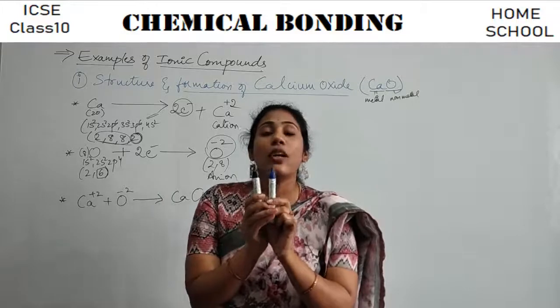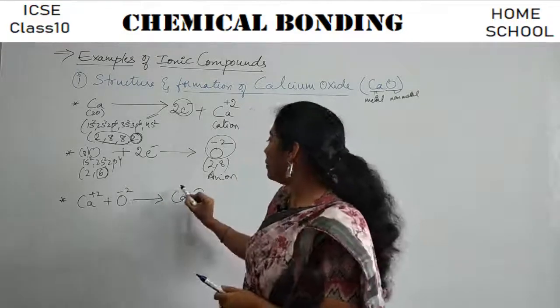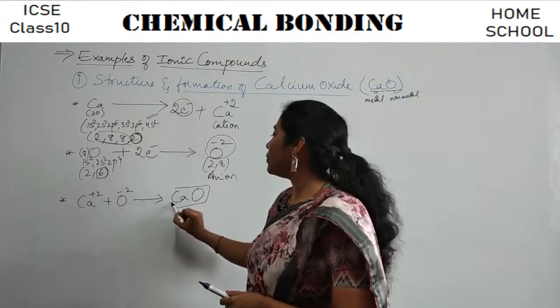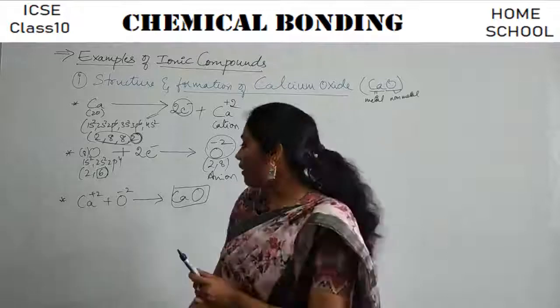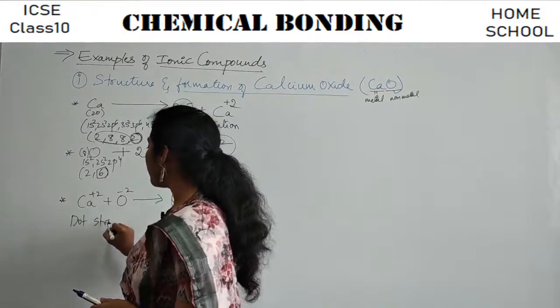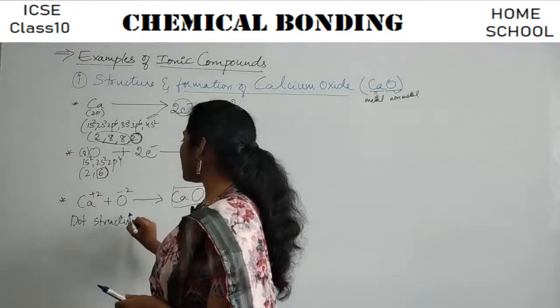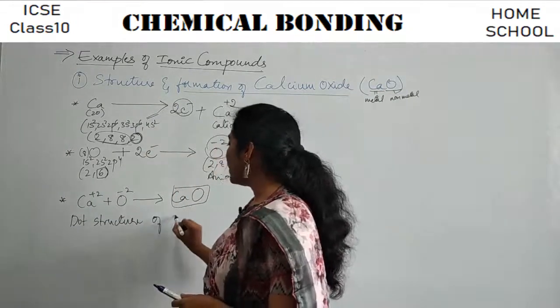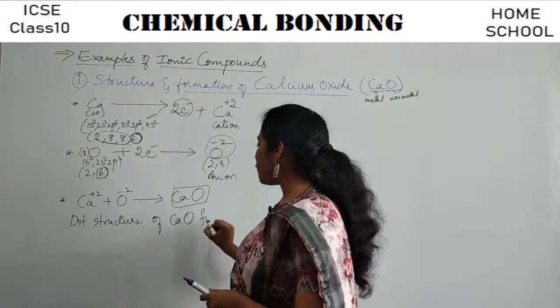So this is what we call an ionic bond and the compound is called an ionic compound, isn't it? And now let us talk about the dot structure of calcium oxide formation.